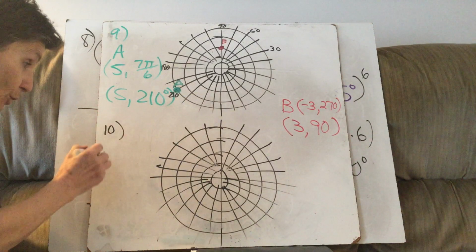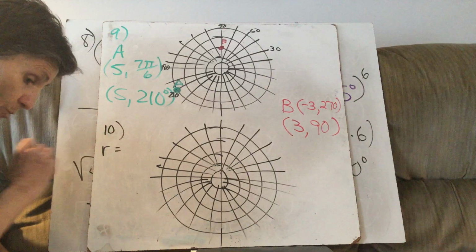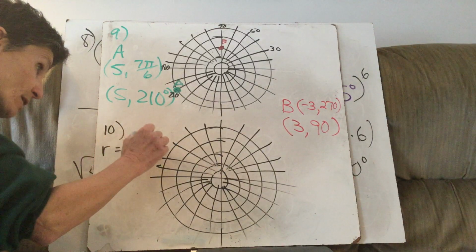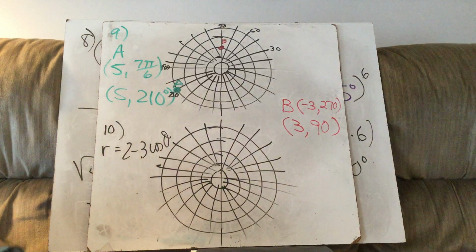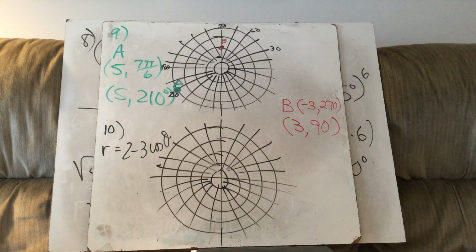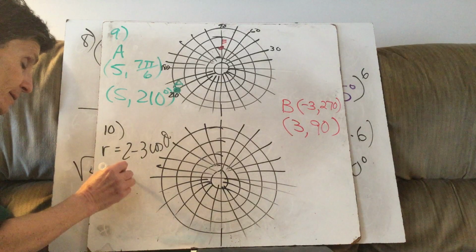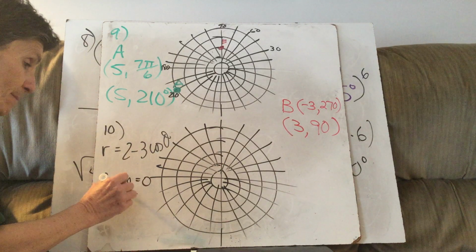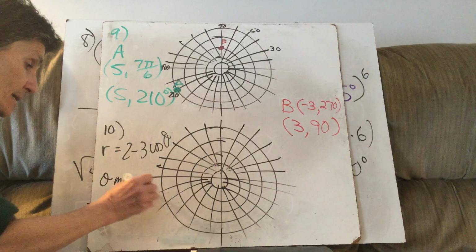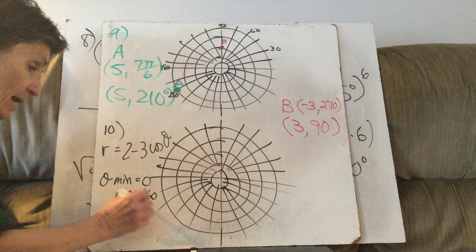Number 10 says we're going to graph r equals 2 minus 3 cosine theta. Now, I went through this before. I'll go through it one more time. Your window, theta min is 0, theta max is 360, theta step is 5.